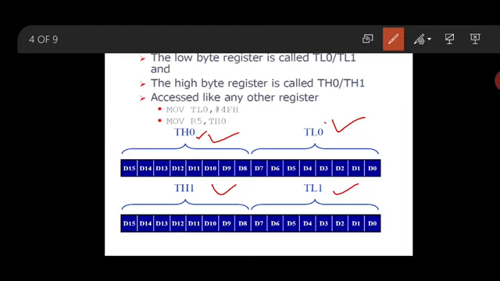Similarly, in the second instruction, MOV R5, TH0, the content of timer 0's higher byte is copied into the R5 register. I hope this point is clear. There need not be any confusion about using TL0, TH0, TL1 and TH1.